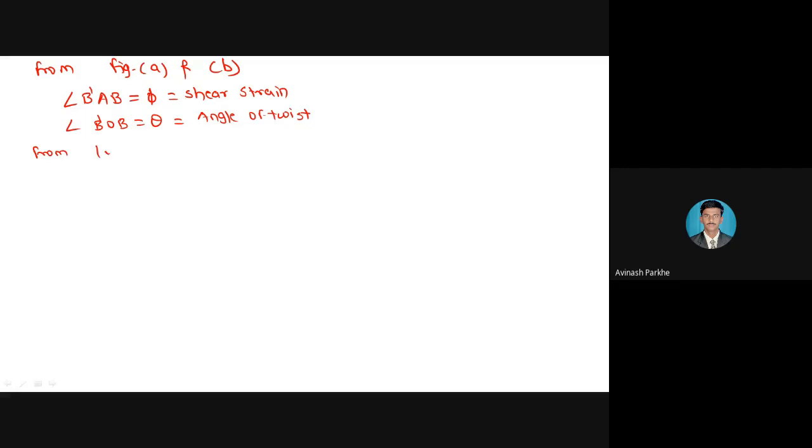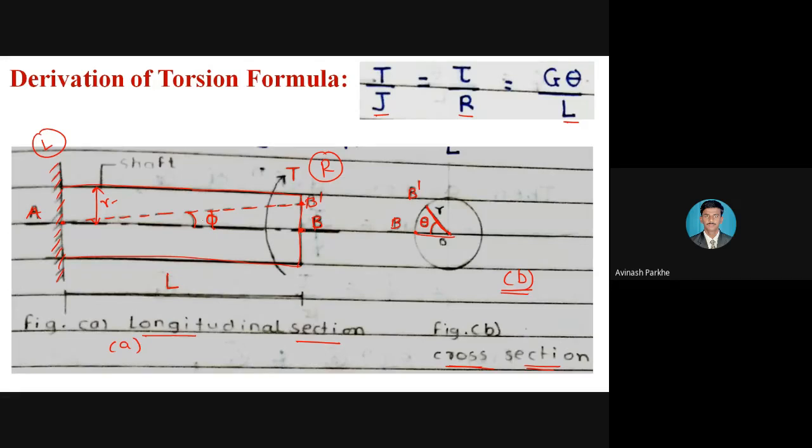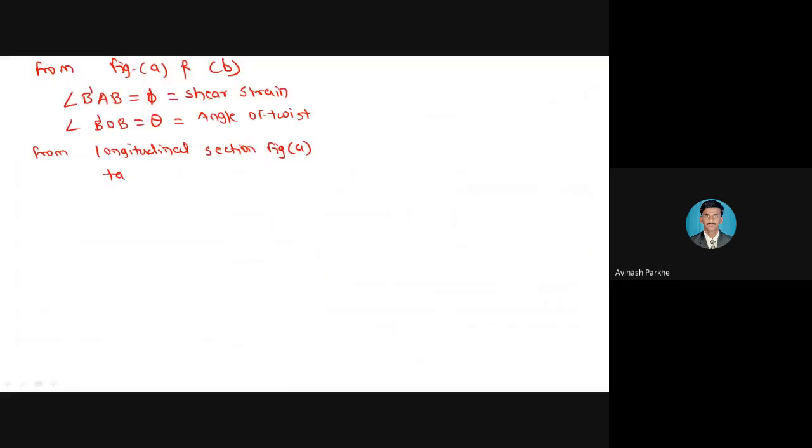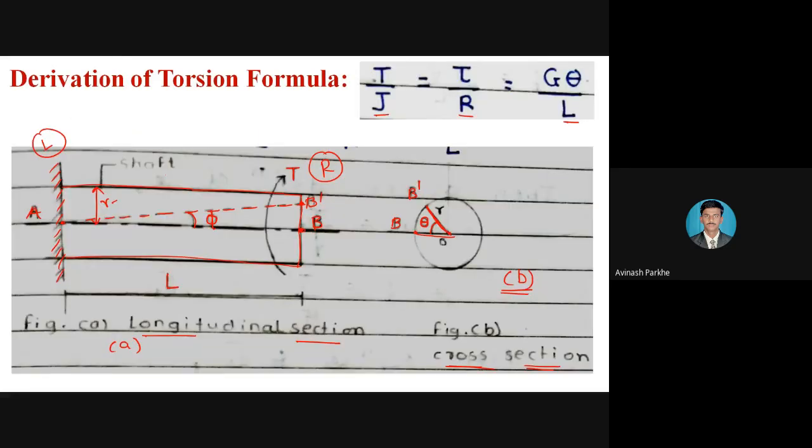From the longitudinal section, that is figure A, if I have to apply the tan phi rule, tan phi is equal to, please tell me from that particular figure, what is the trigonometric formula for tan phi?